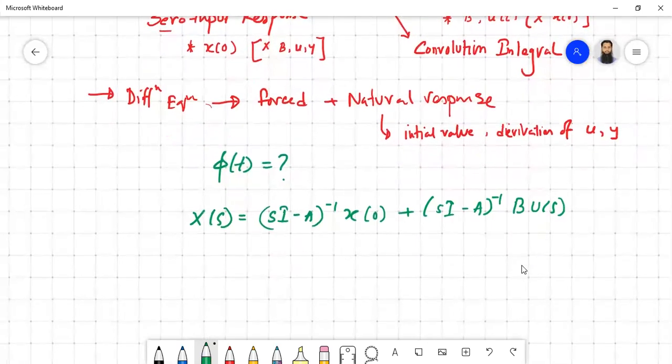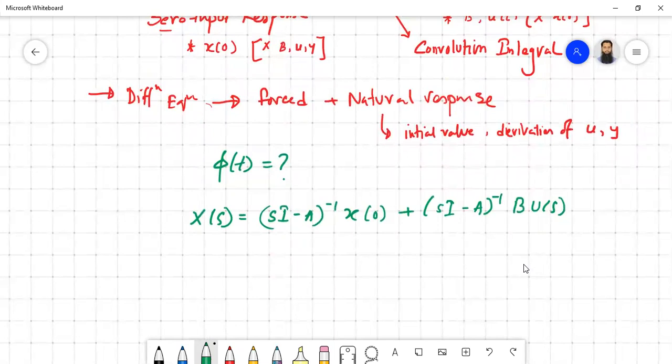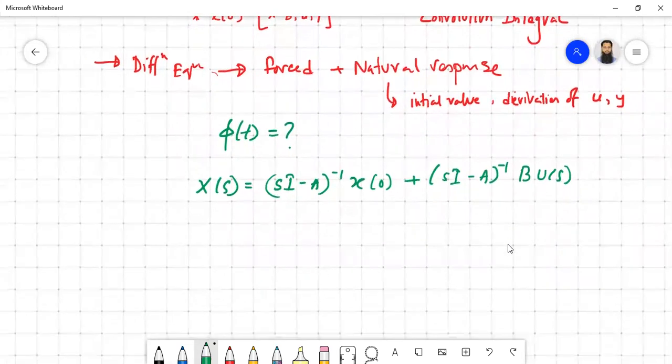This is already known from chapter 3, where we are transforming the state equation into the transfer function. As you can see, this is the part that only depends on x0, and this is the part that only depends on this value.